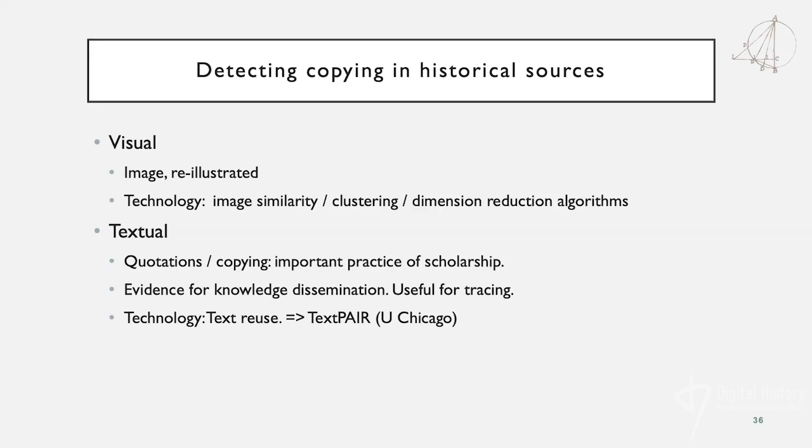So the technologies we've so far identified are many image similarity algorithms, clustering algorithms, and dimension reduction algorithms that would allow images to be calculated and then plotted on a 2D or 3D plane space, where similar images can be clustered together or displayed together. So that's the idea. We already see some examples.